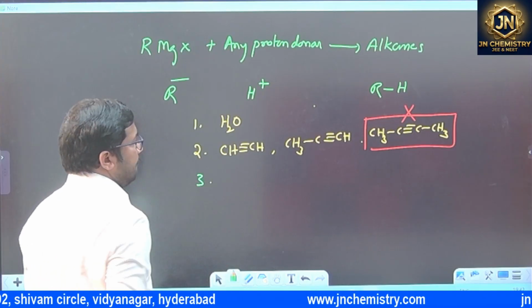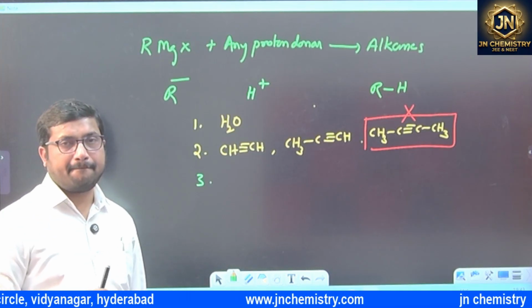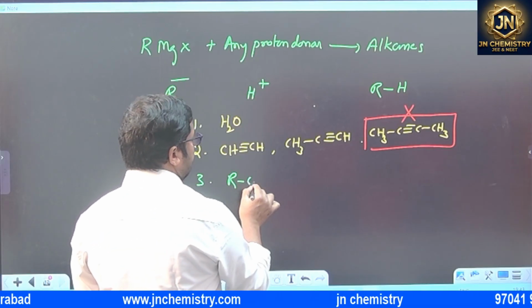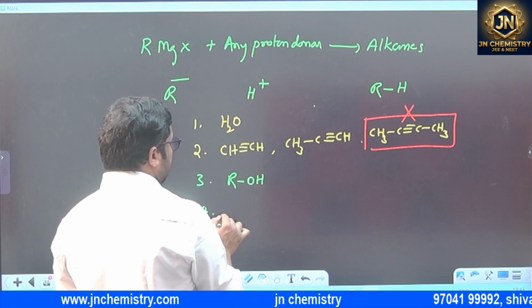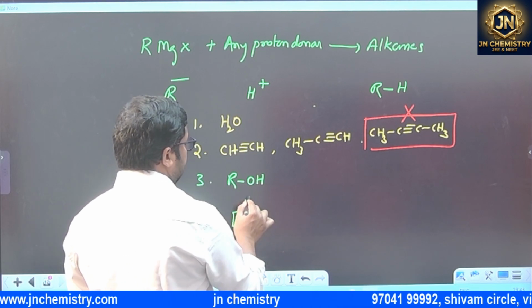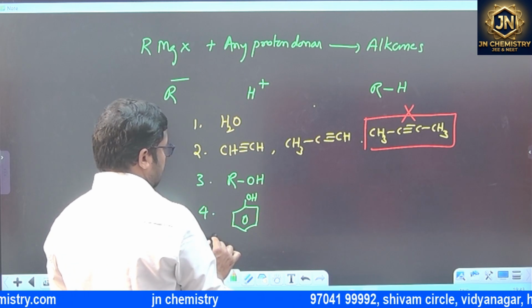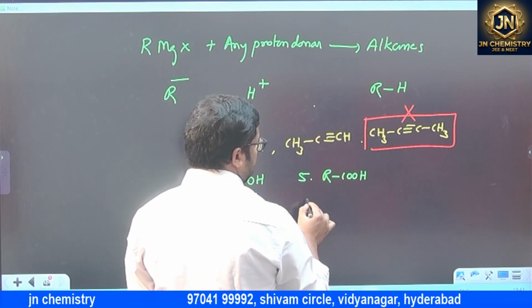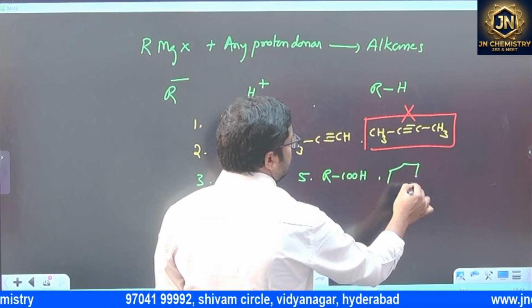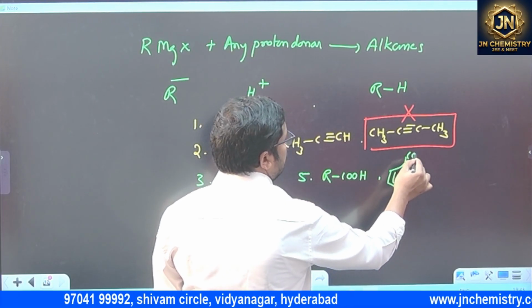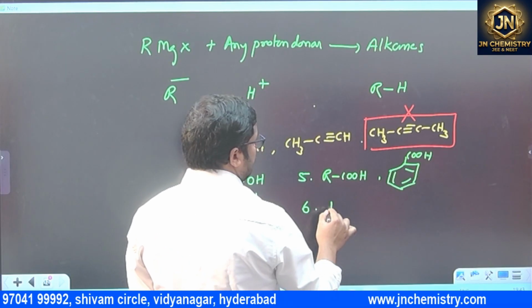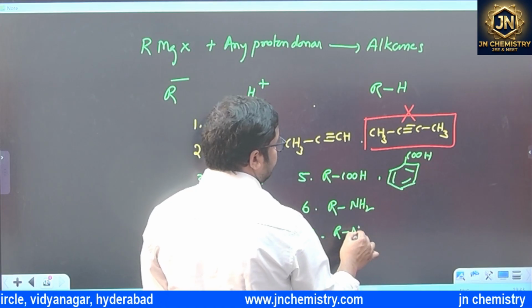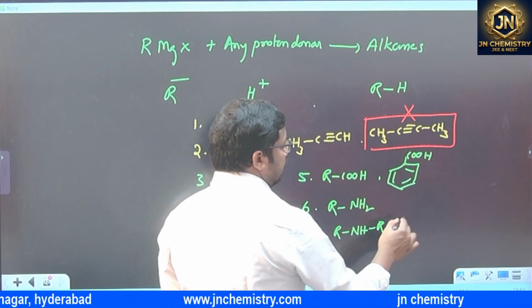Proton donors: alcohols, you can take phenol, carboxylic acids and benzoic acid, RNH2 amines, secondary amines, pyridine.